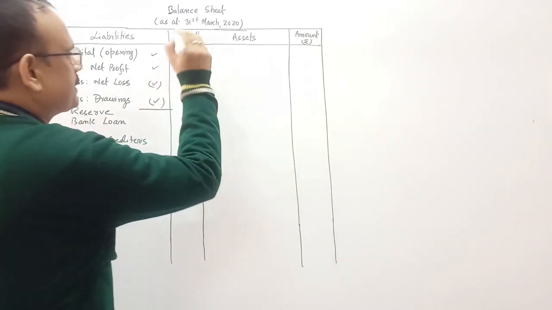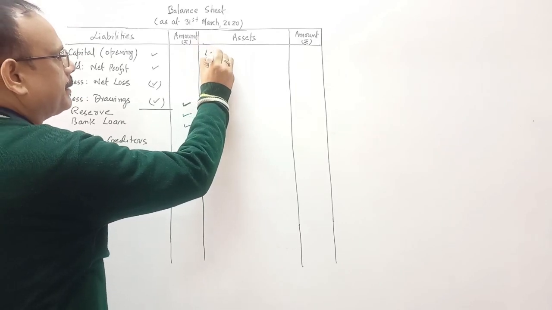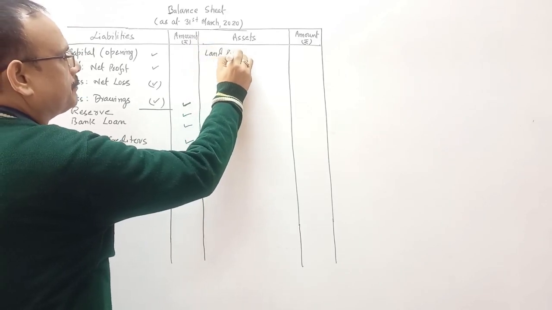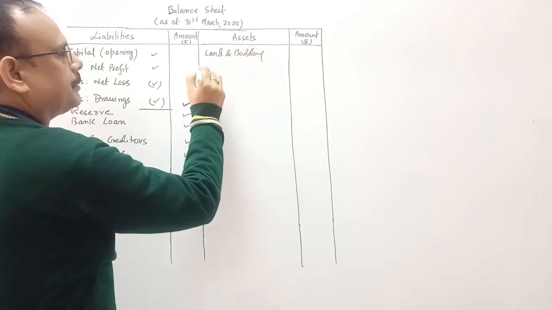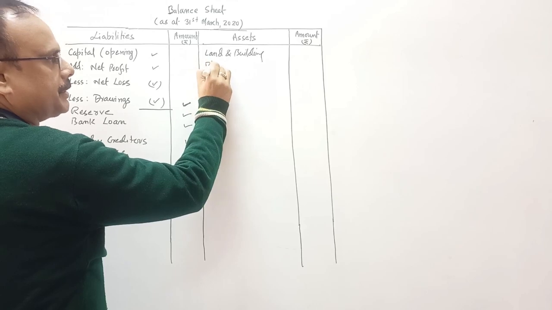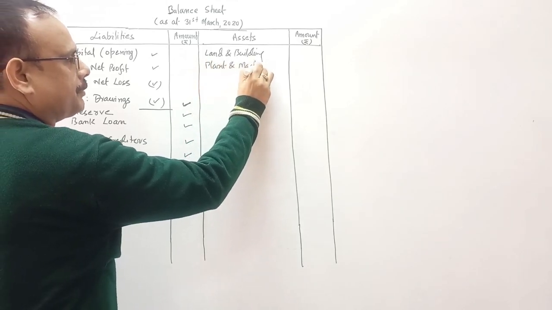On this side you write the fixed assets. Suppose you are going to write the fixed assets: land and building, it's a fixed asset. Plant and machinery, fixed assets.